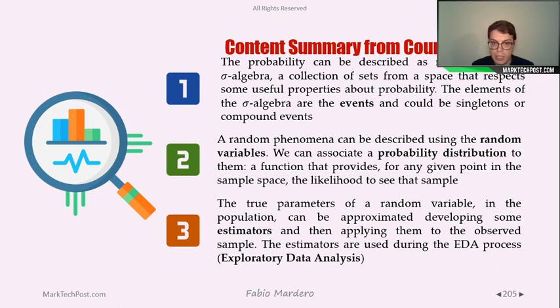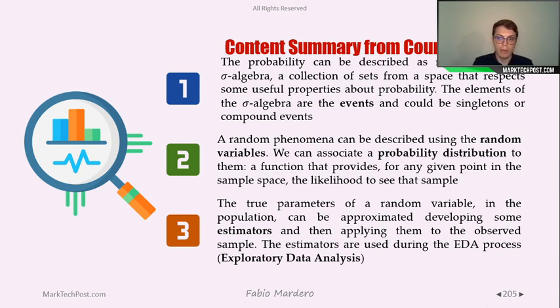With this in mind, we can describe a random phenomenon using random variables, and we can associate to them probability distributions. Probability distributions are functions that provide to us, at any given point of the sample space, the likelihood to see that sample.